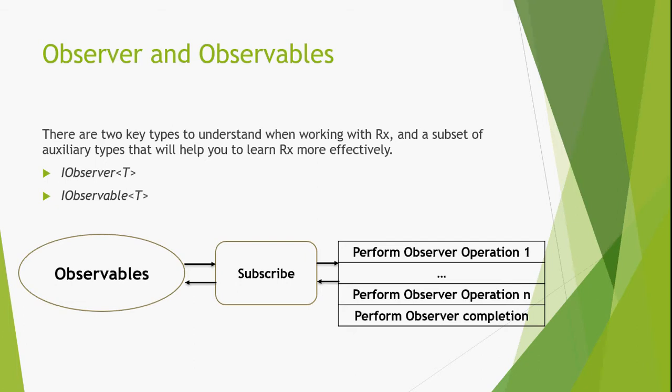This is a diagram, and there is an observer, and the observer has subscribe. We can perform subscribe operations, like we prepared some functionality in observer, and we can perform this operation and finish that job.